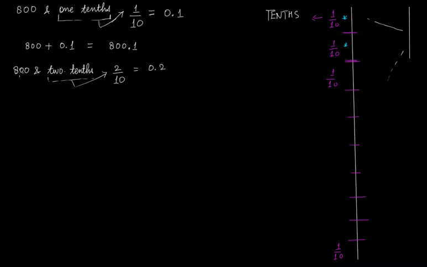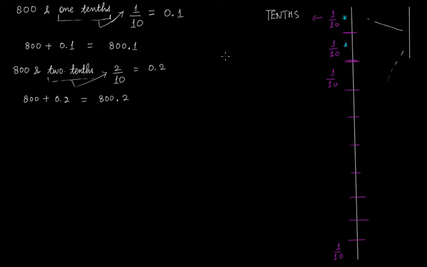Therefore if you are having 800 and 2/10, that means that you are having 800 plus 0.2, and that can be written as 800.2. Here this one was telling you that you are having only 1/10.